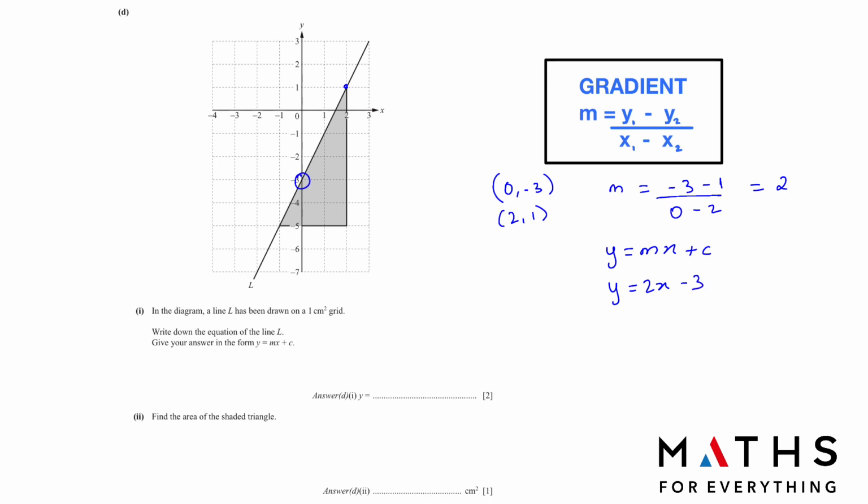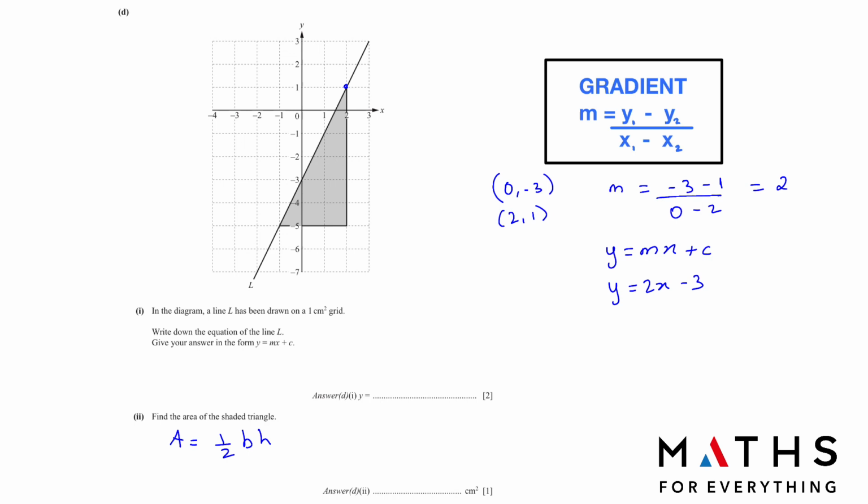The next part of the question, find the area of the shaded triangle. We know that this is 1 square centimeter per grid. What you can do is take the base. Area of triangle can be found by using the formula half times base times height. This is going to be more accurate.